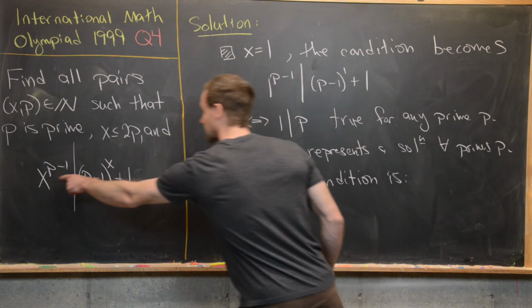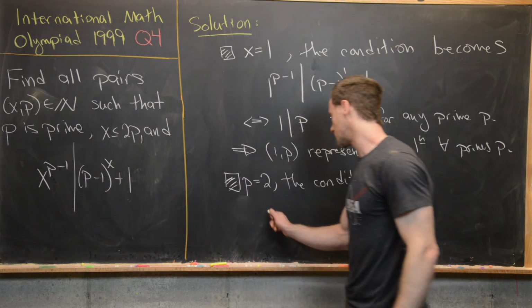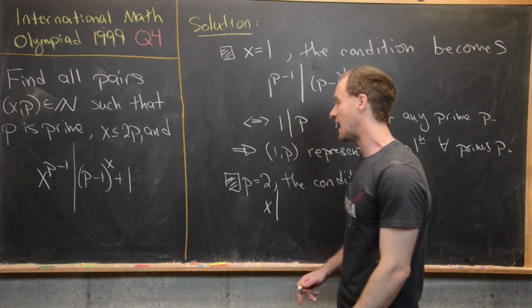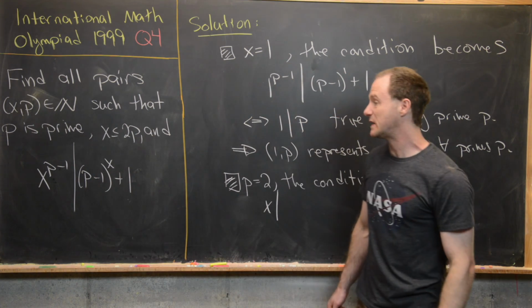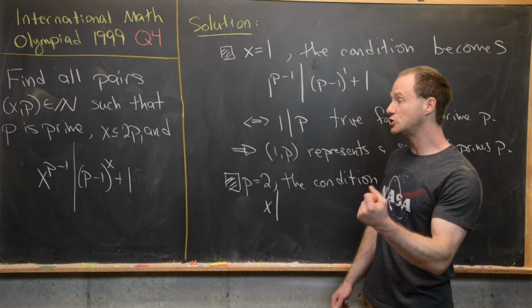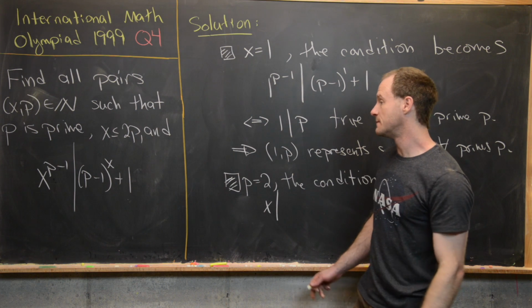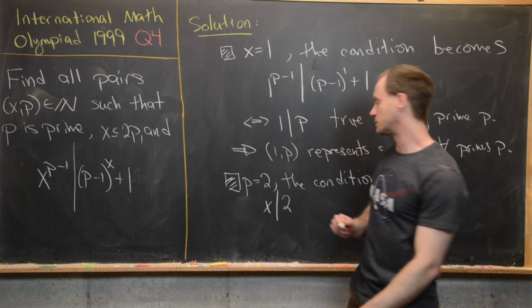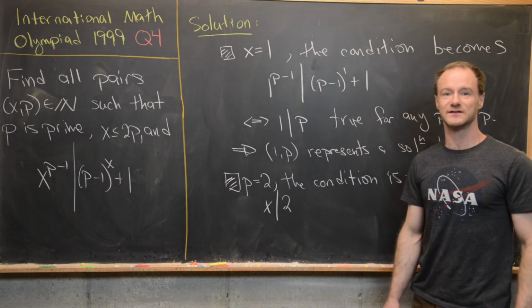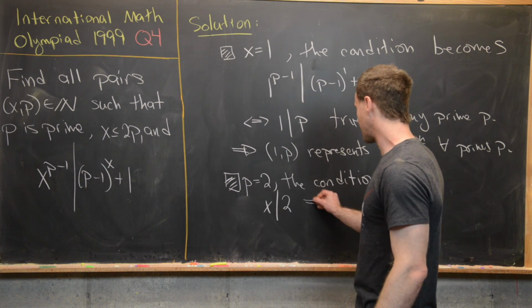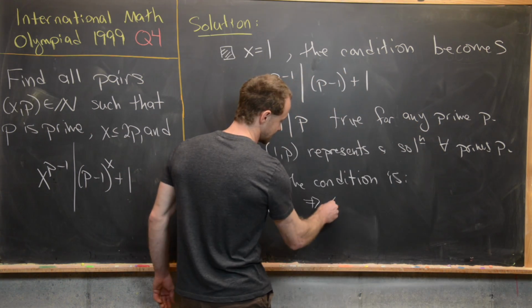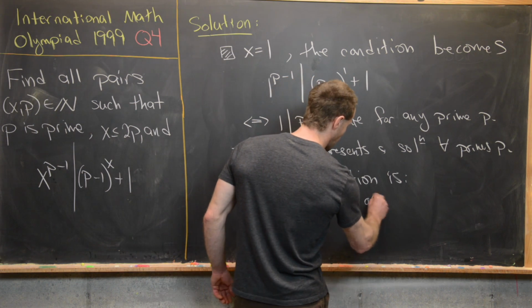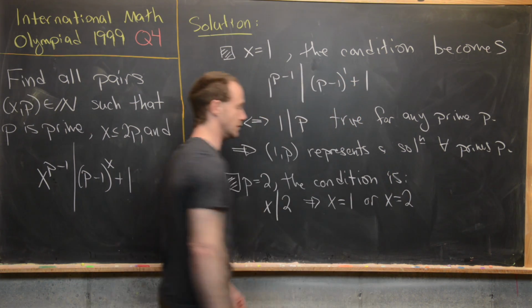We'll have x to the 2 minus 1, so that's just x, divides 2 minus 1 to the x plus 1, but that's just equal to 2. So we know that x divides 2, but given the fact that 2 is prime, that tells us that x equals 1 or x equals 2.